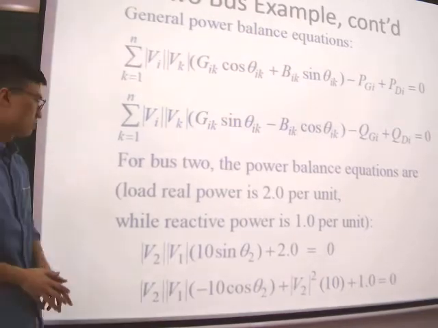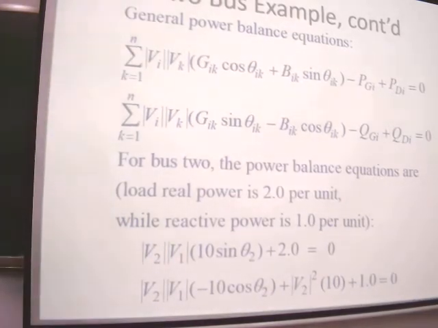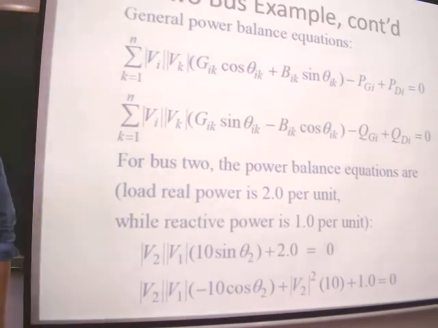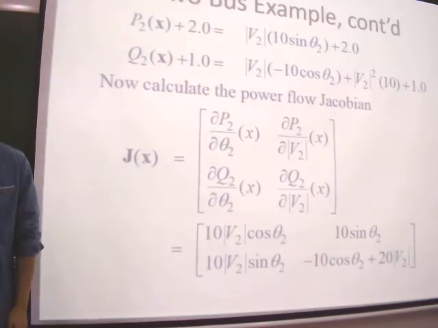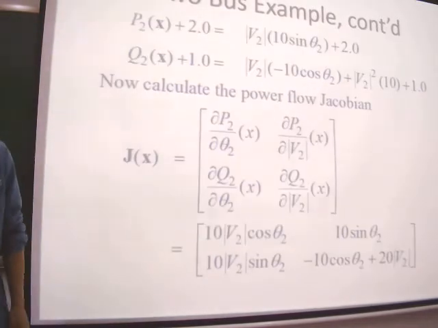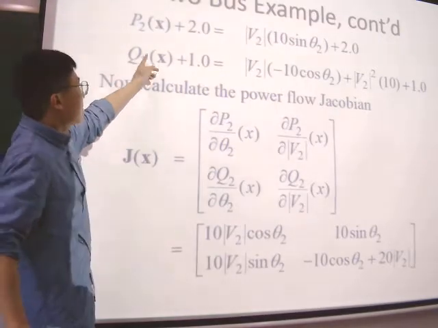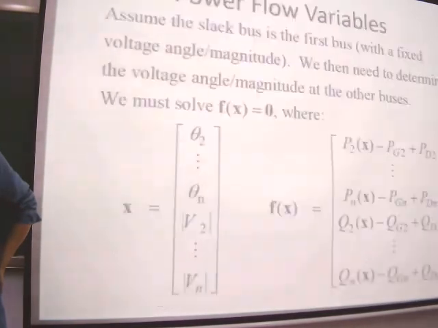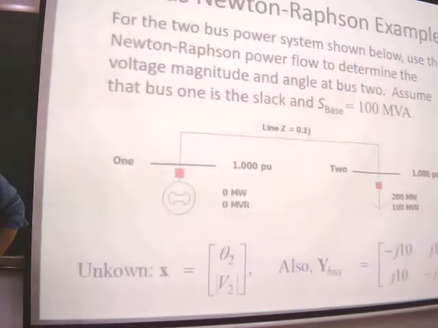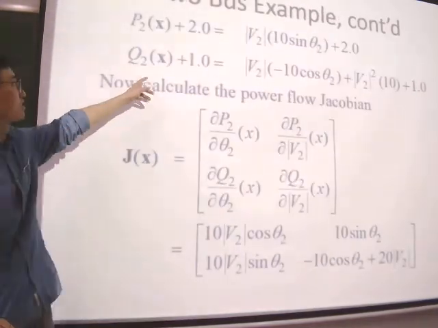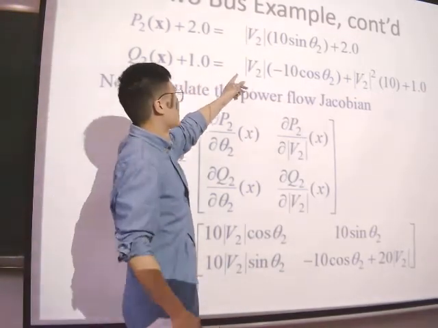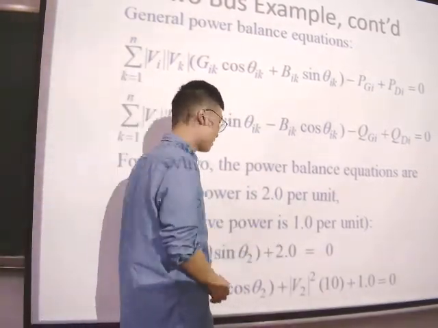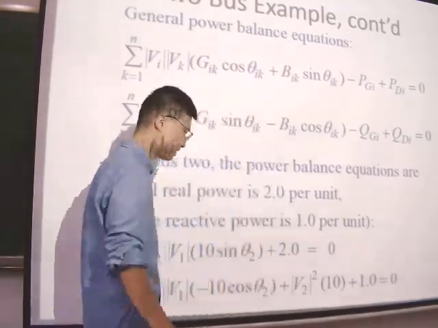Okay? So 0, so here. Because our equations are this one is equal to 0, this one is equal to 0, right?